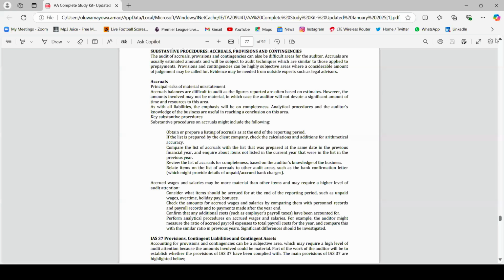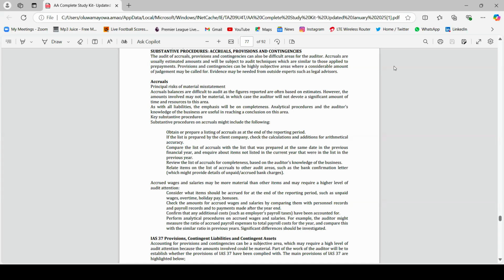And that's why I said at the beginning of this class, what the auditor is testing when it comes to substantive procedures is material misstatement around the financial statement assertions that have been made by management. Are they justified in the way they've arrived at the values for all these line items? So whether it's provision, liability, or asset, what the auditor is looking at is the justification for those figures.